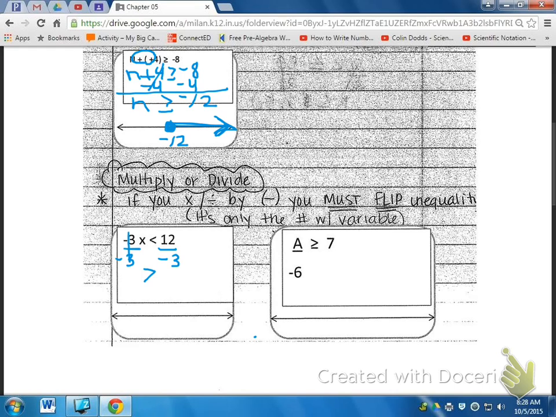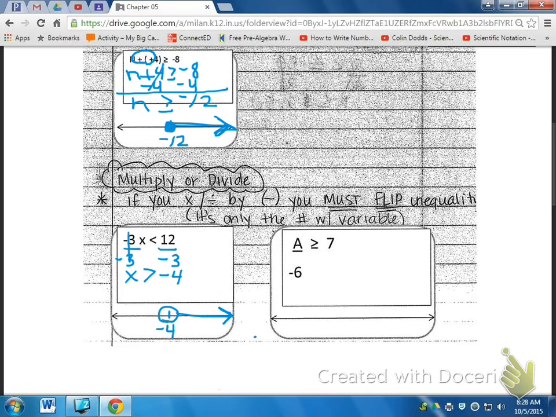The negative 3's cancel, and x is greater than 12 divided by negative 3, which would be negative 4. So I would put a negative 4 on my number line, and it is an open circle this time, shaded right.